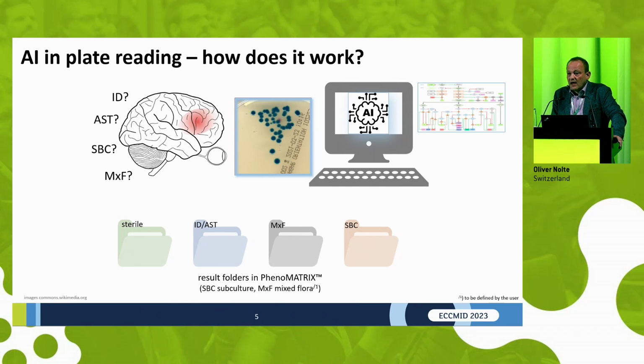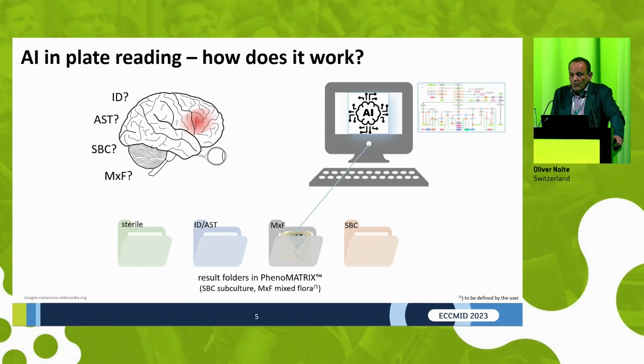The AI analyzes the growth on the culture plates with the same algorithm we have in mind, and puts the result in a predefined folder. This is what the Phenomatrix is doing. And the user, the reader, can just call up the result from the predefined folder.